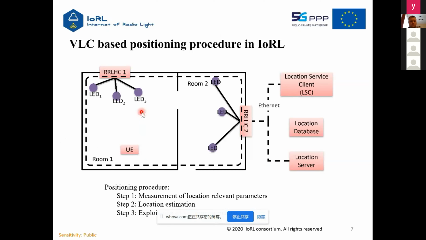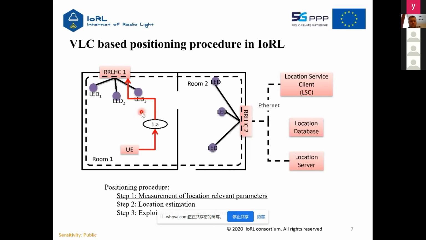In our project, the indoor positioning protocol involves the interaction among the aforementioned four components. The procedure consists of 3 steps. The first step is the measurement of location-relevant parameters.